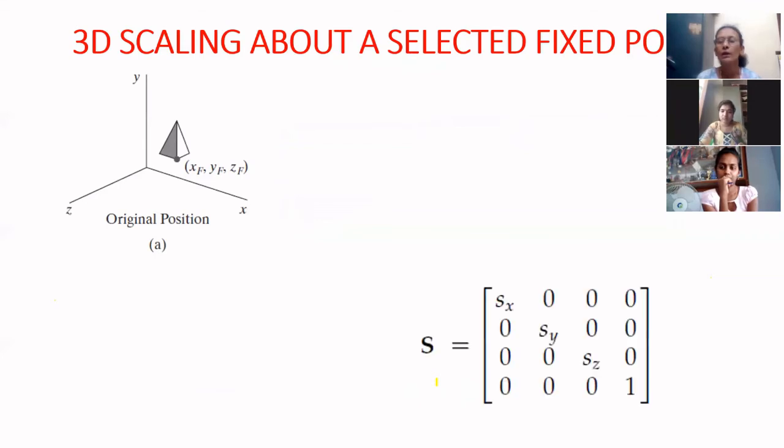Our scaling matrix Sx 0 0 0, 0 Sy 0 0, 0 0 Sz 0, 0 0 0 1 is the scaling matrix with respect to the origin.